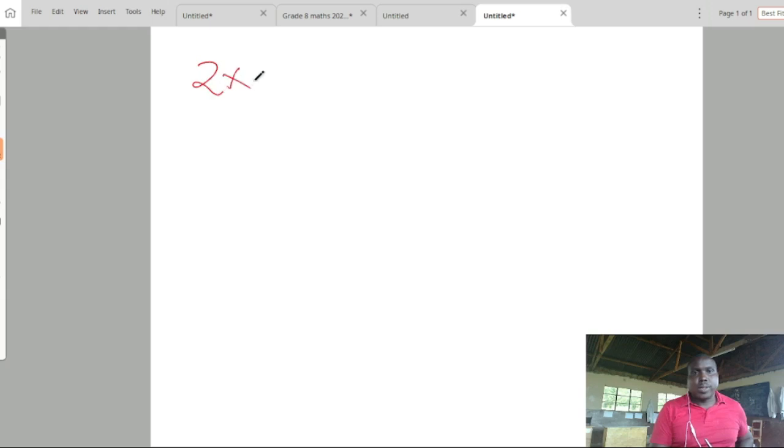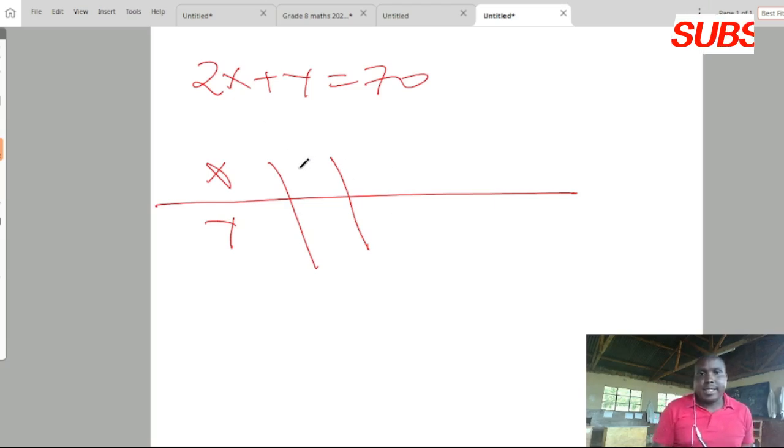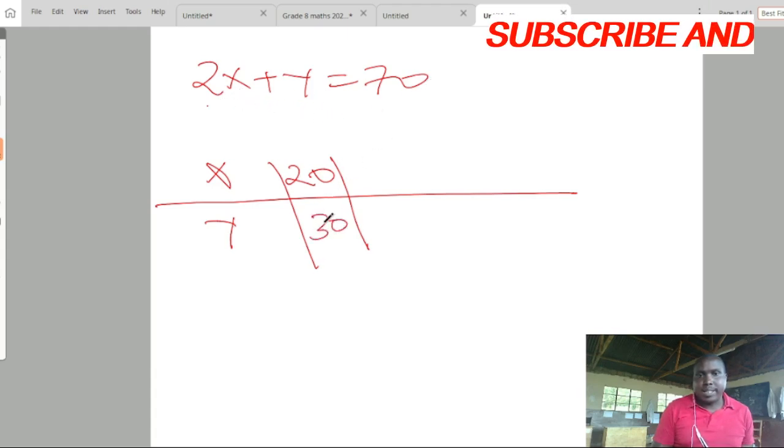So 2x plus y equal to 70. You can say when x is 20, so 20 times 2 is 40, y itakuwa 30.